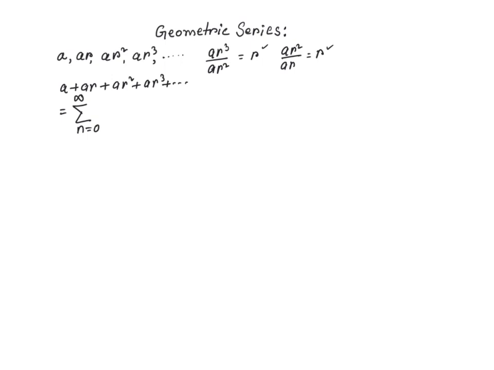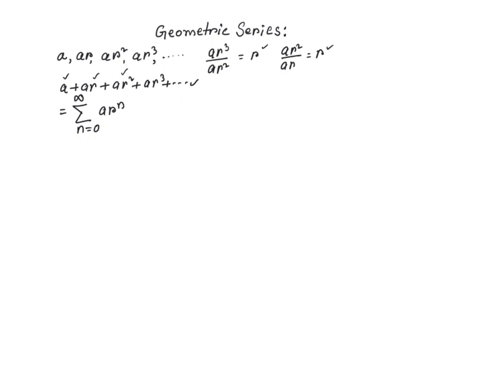Notice that the index begins at 0. If n is 0, you get the first term. If n is 1, you get the second term. If n is 2, you get the third term, and so on and so forth. So this is a geometric series.